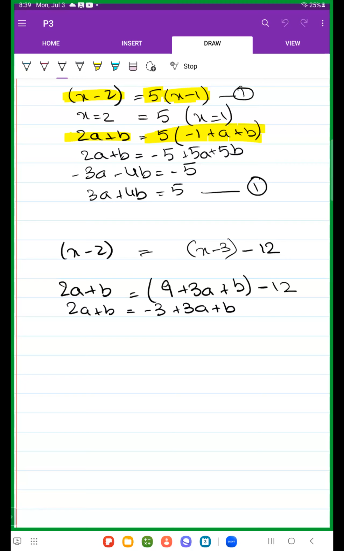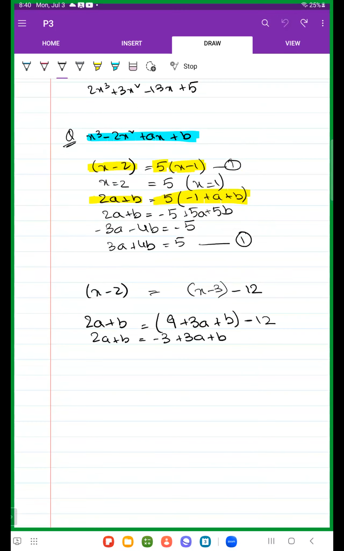I'm getting the equation minus a plus 2b equals minus 3. What did you get over here? So it was 3 cubed minus 2 into 3 squared plus 3a minus b minus 12.